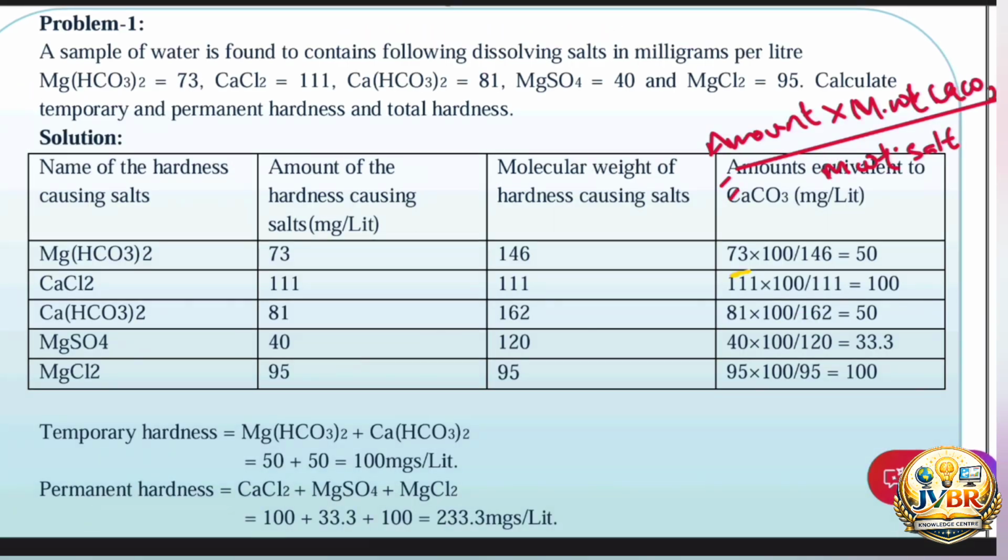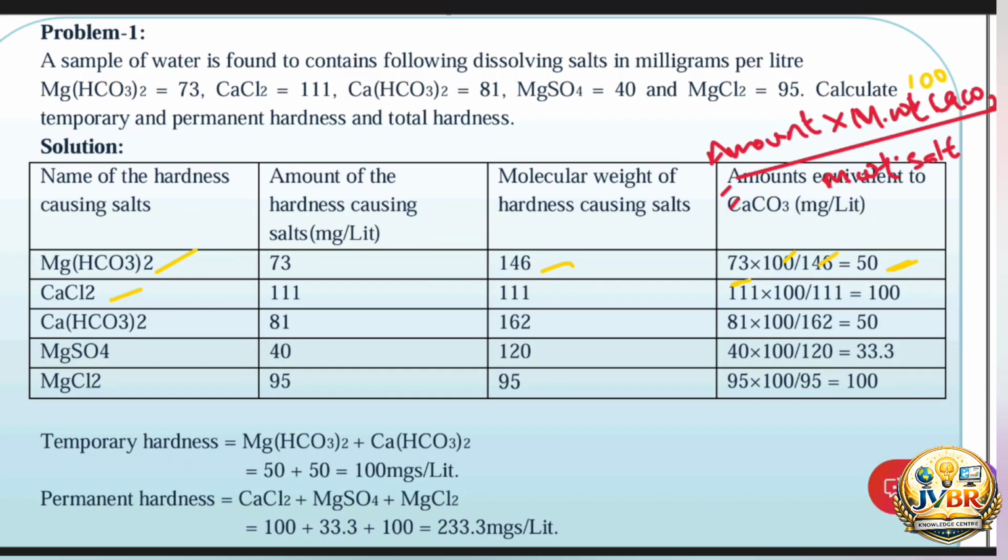Coming to the next salt, calcium chloride. Weight of the salt is 111 and molecular weight of calcium carbonate is 100, by molecular weight of the given salt, that is calcium chloride 111. We will get 100.